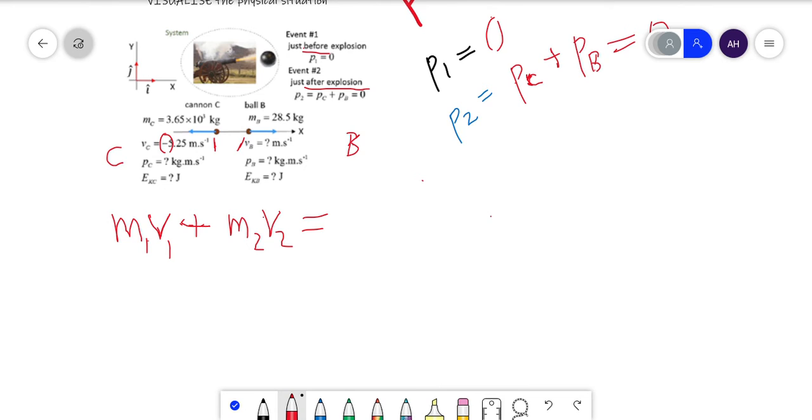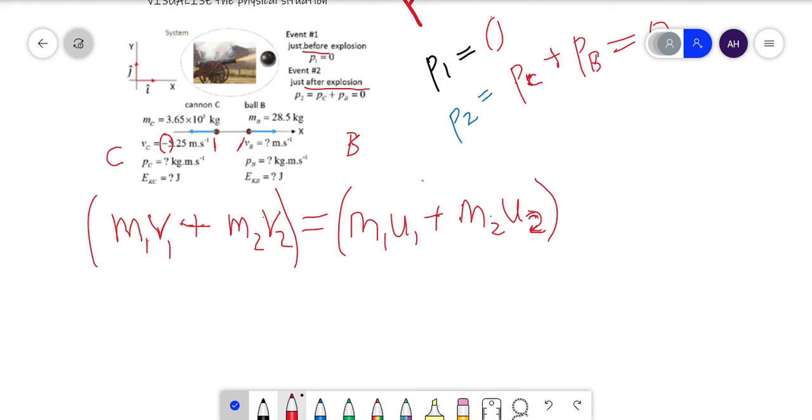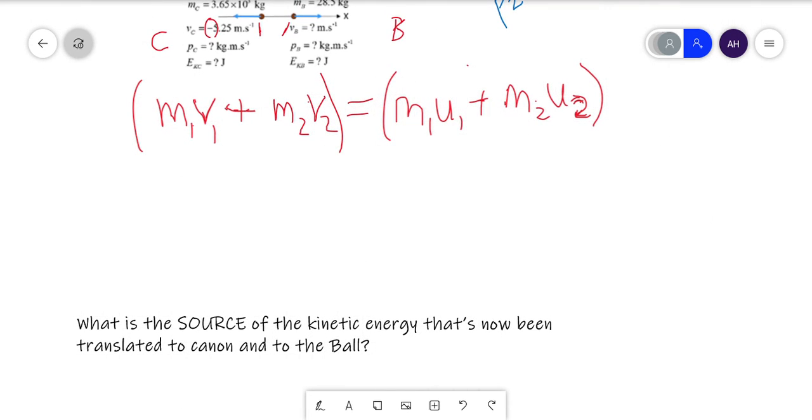Not independently, individually, but the total on this left side is going to be equal to the sum of the initial momentum, which was m1u1 plus m2u2, just using the initial velocities. And it's very handy for us in this little problem because neither of them were moving initially. It's a zero momentum. So we're going to put that into an equation. Well, what equation would you use? Here's the worked one for you to see. I'll just put it up here and make it a little bit larger.